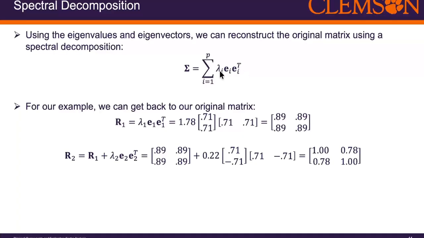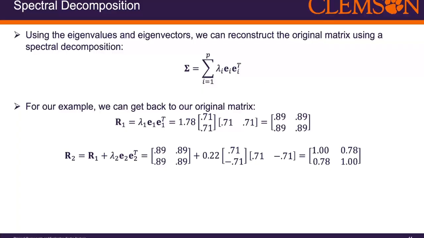So here, we can take our very first eigenvalue and our first eigenvector and take the very first, what we call rank 1 approximation to our matrix, and we'd get a matrix of 0.89 that we would get out of it here, just like this. That is, like I said, a rank 1 approximation to our two-dimensional correlation matrix. It is close, but not exact.